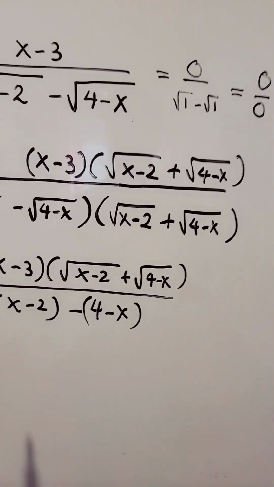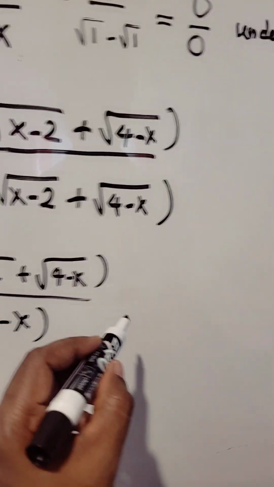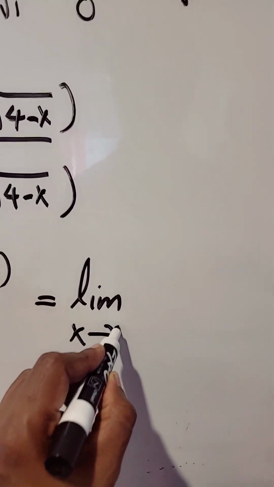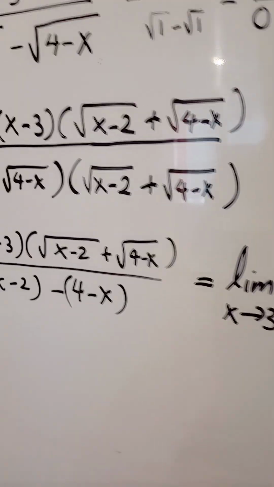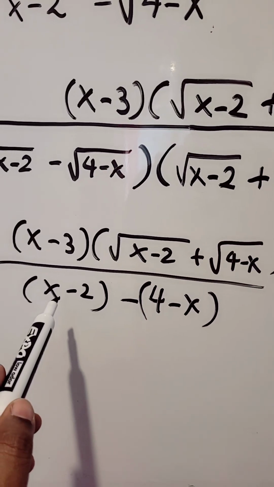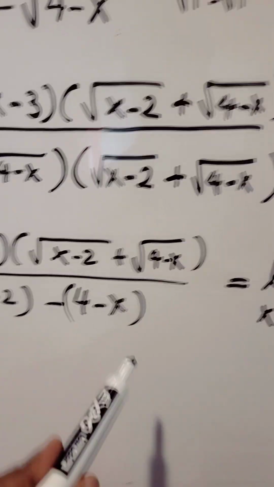And then we can further simplify this limit as x goes to 3. What's going to happen to the denominator? You'll see that it's going to be 2x minus 6.